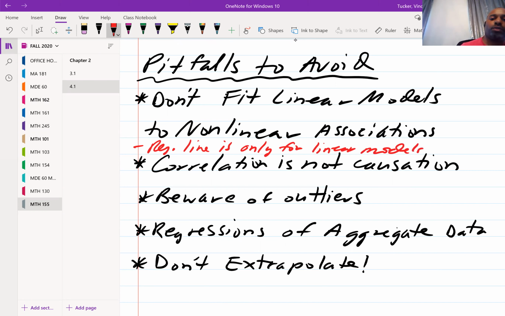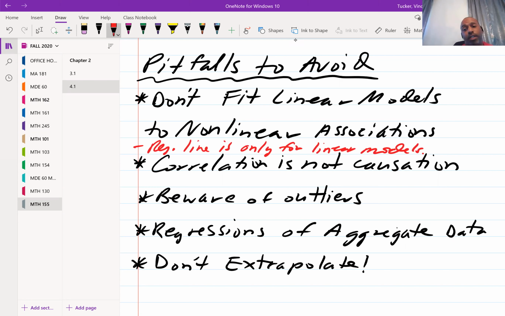If you were to use your regression line for something else, remember we talked about different relationships that were not linear, your regression line would not be a good way to predict a value in a nonlinear model. So your regression line is only for linear models.